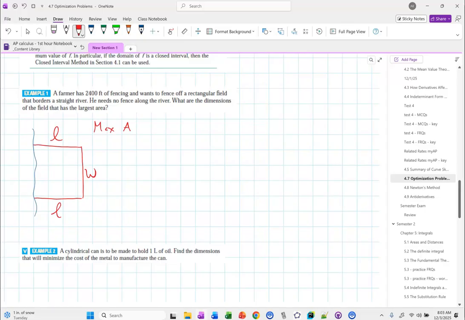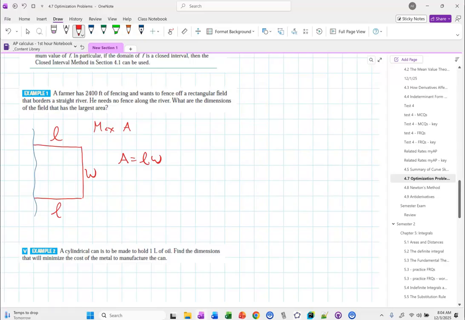So if I write my equation then for area, area is length times width. How many variables is area a function of right now? 2. How many do I need it to be a function of? 1. So I need to find a way to eliminate either L or W from this equation.